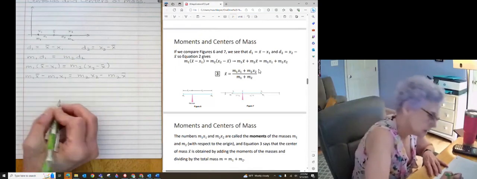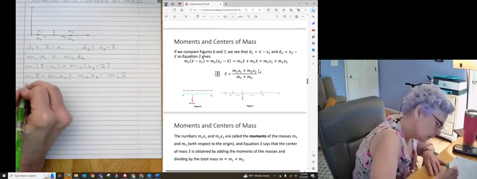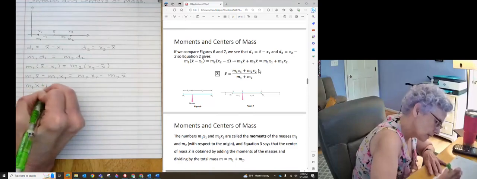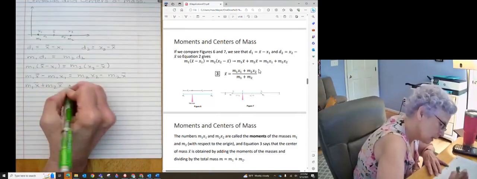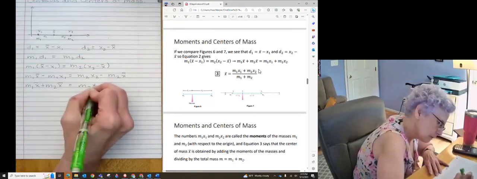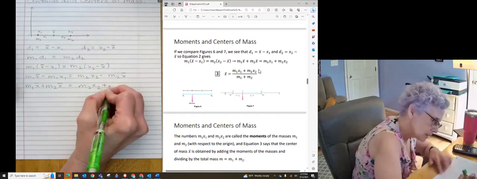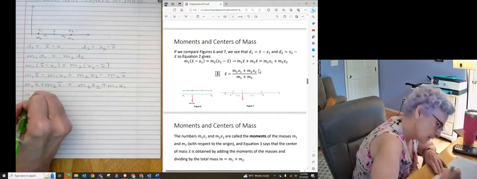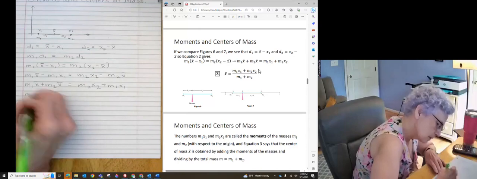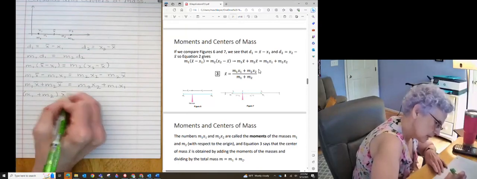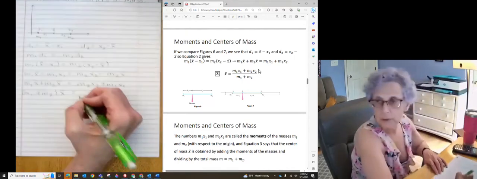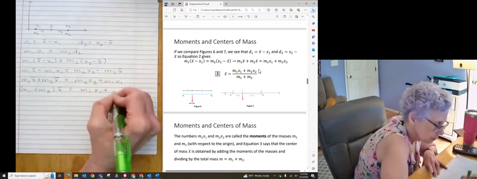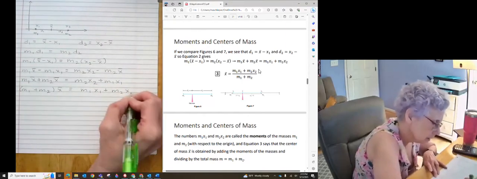Well, let's get everything with x bar on one side, so m1 x bar plus m2 x bar is equal to m2 x2 plus m1 x1. So (m1 plus m2) times x bar is equal to m1 x1 plus m2 x2, and I'm just going to put them in numerical order because it pleases me.